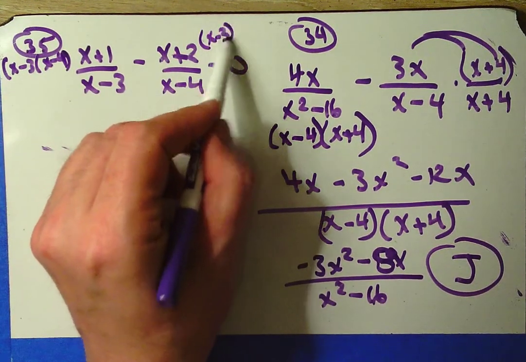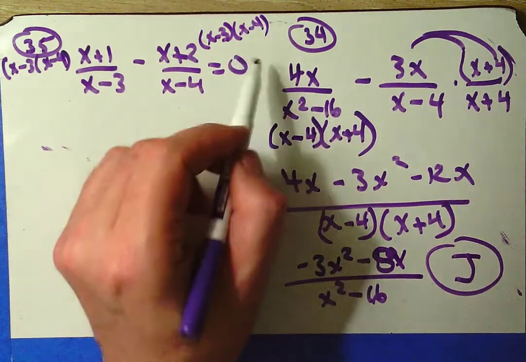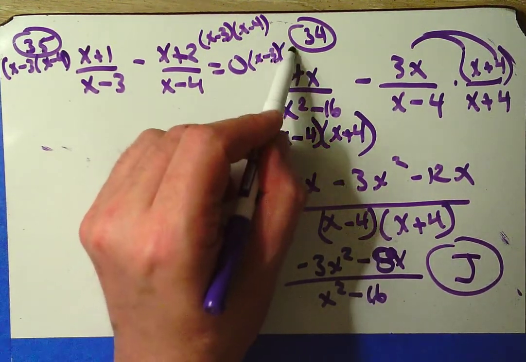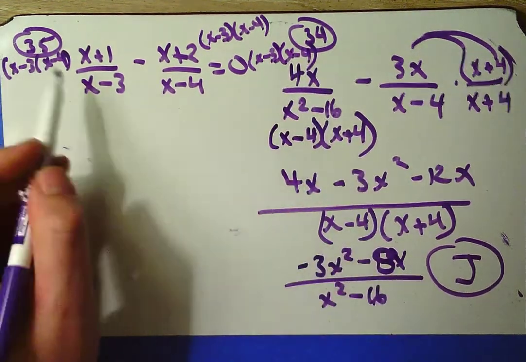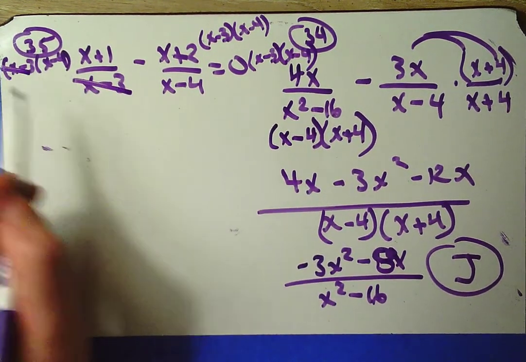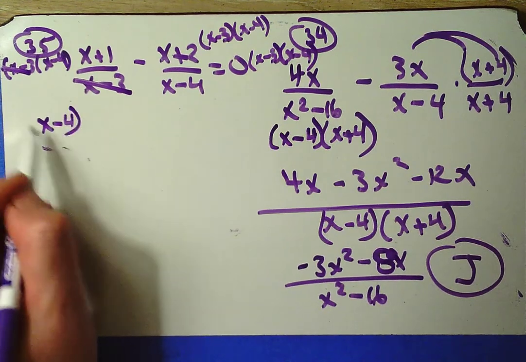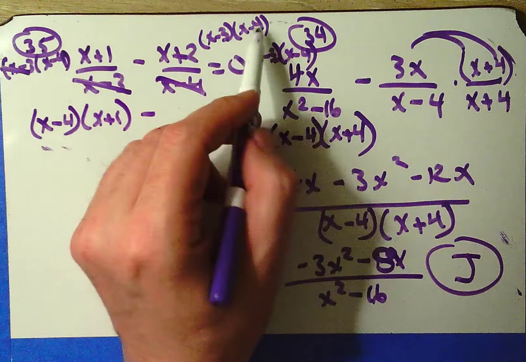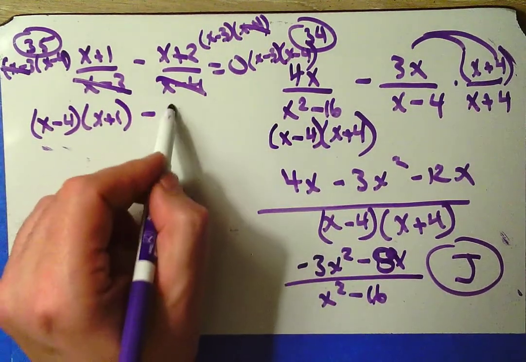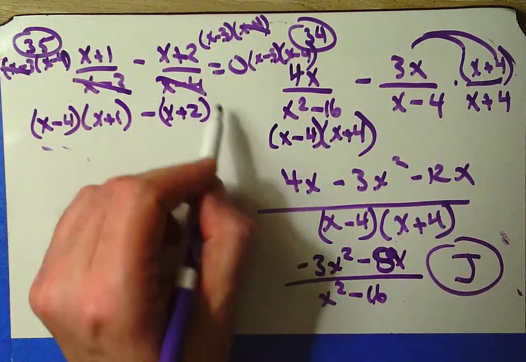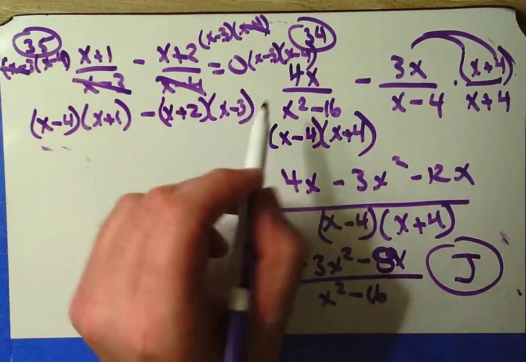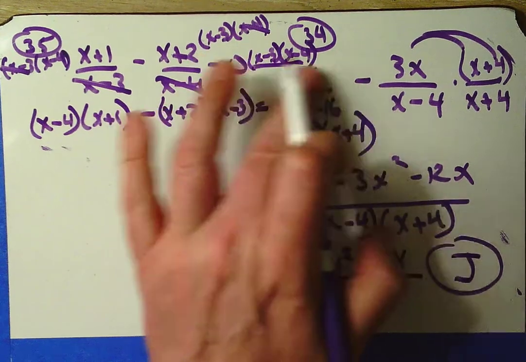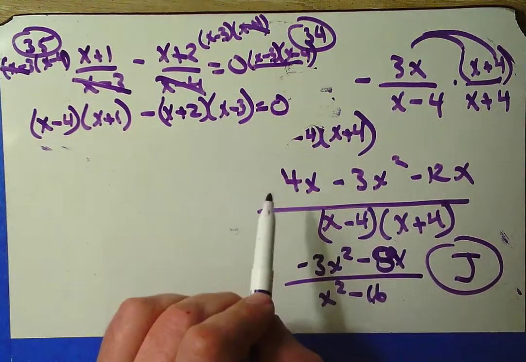I'm even multiplying on the right-hand side by x minus 3, x minus 4. On the left, these cancel, leaving me x minus 4 times x plus 1, and then the x minus 4's cancel in the second term, leaving me x plus 2 times x minus 3, and on the right-hand side, 0 times all this stuff is just going to be 0.